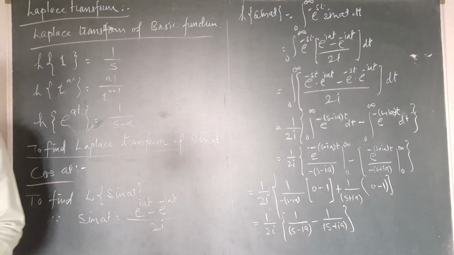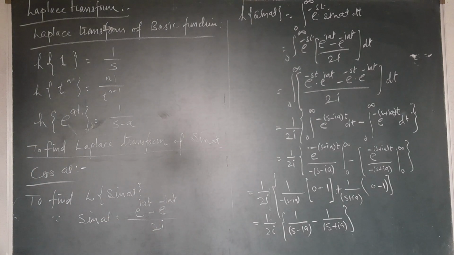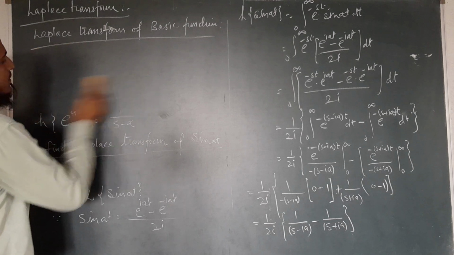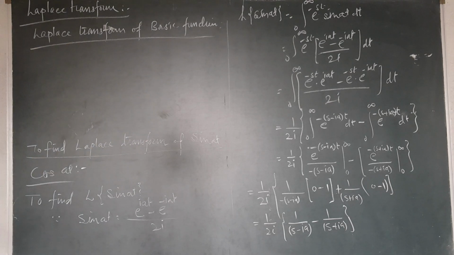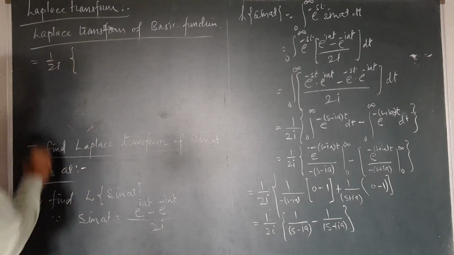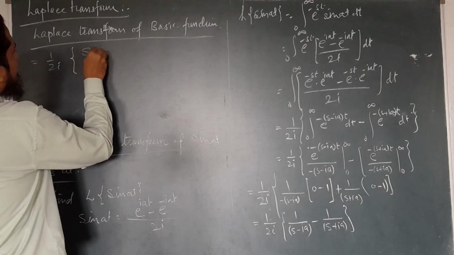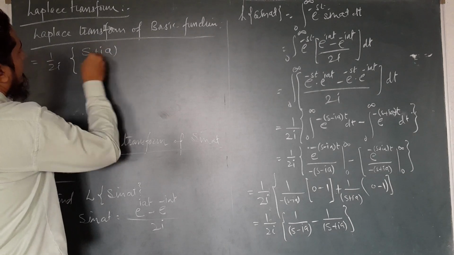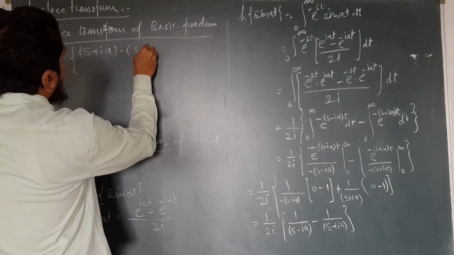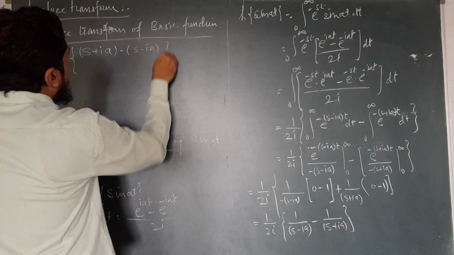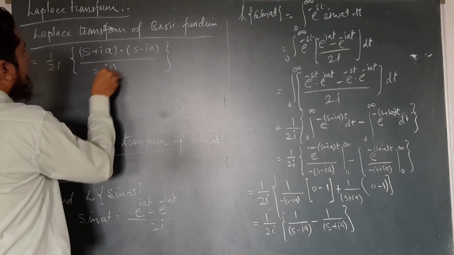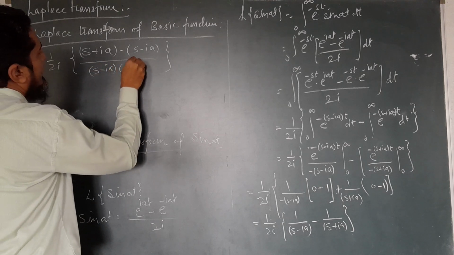Now we will try to simplify this, and we will get 1 upon 2i, s plus i a minus s minus i a, cross multiplication, and we will get s minus i a and s plus i a.